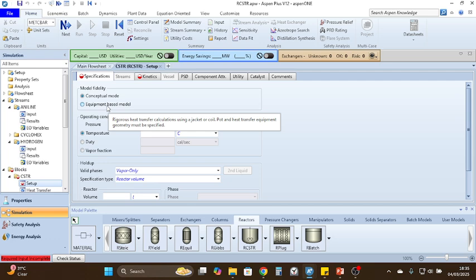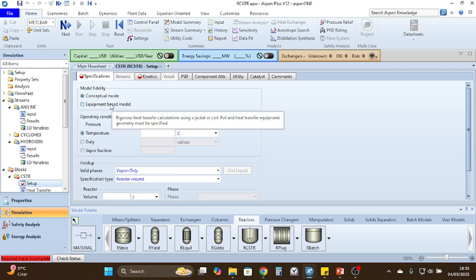So usually we go for equipment based mode whenever we know whether the reaction is an exothermic reaction or endothermic reaction. In that case, we need to provide a jacketed CSTR and we need to calculate the heat duty and the coolant flow rate in order to calculate the amount of heat that needs to be removed for the reaction to occur smoothly.